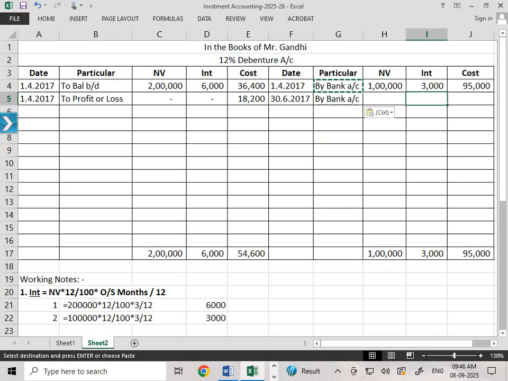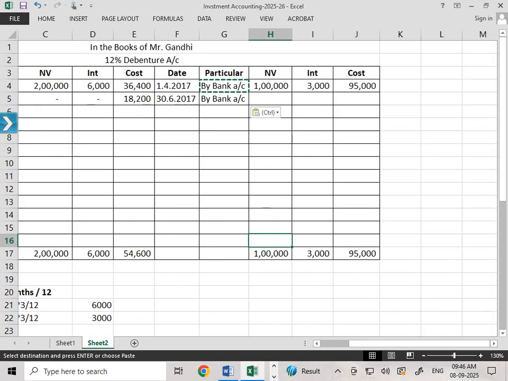Now interest column, remember you have to calculate on whatever the balancing figure of nominal value. So here I will calculate balancing figure. What is that balancing figure? 2 lakh minus 1 lakh.